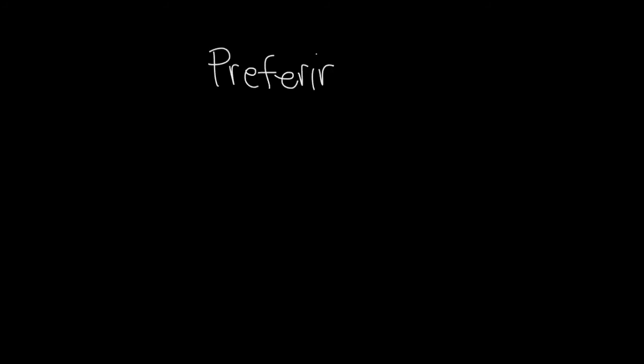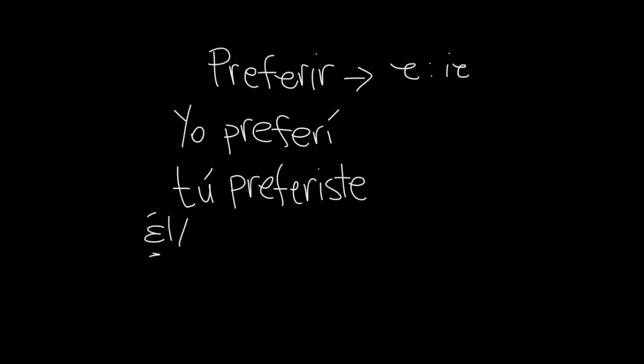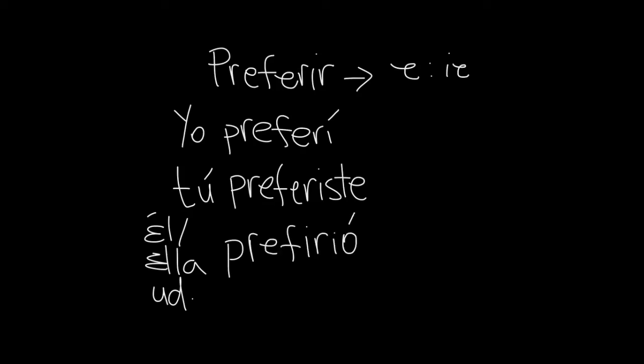Now let's take a look at a verb like preferir. Preferir has a stem change from e to ie. In the form of yo, it will be preferí, tú preferiste, but in él, ella, and usted, it changes to prefirió. Basically, there is only half a spelling change.